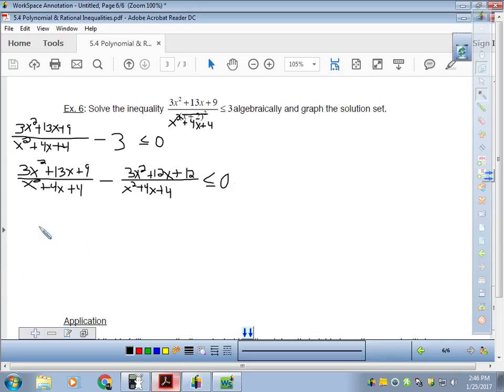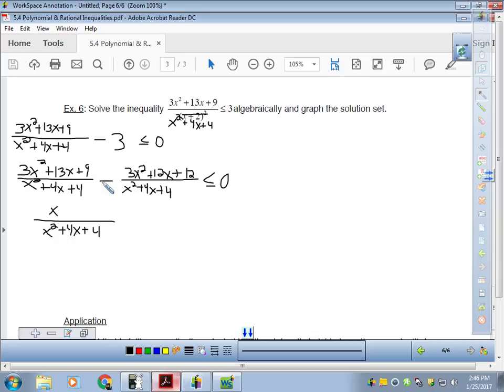Now that they have the same denominator, combine them together. So I'm going to rewrite the denominator, x squared plus 4x plus 4. On the top, 3x squared minus 3x squared, those will cancel out. 13x minus 12x, that's just going to leave us with x.